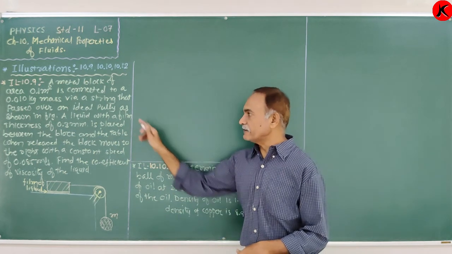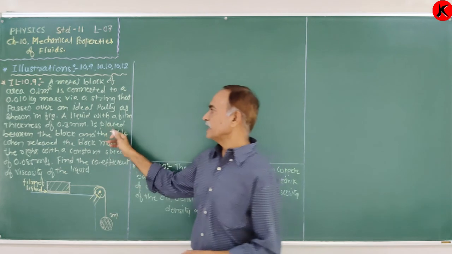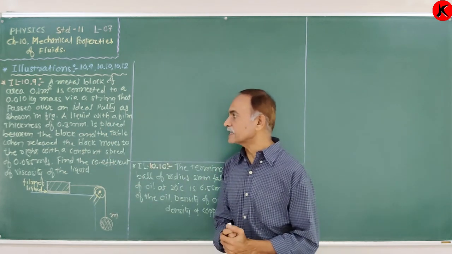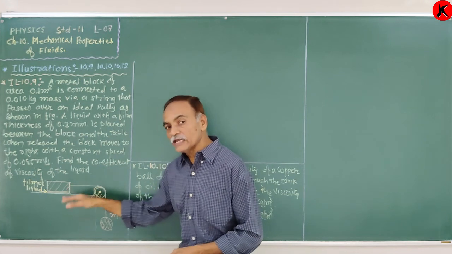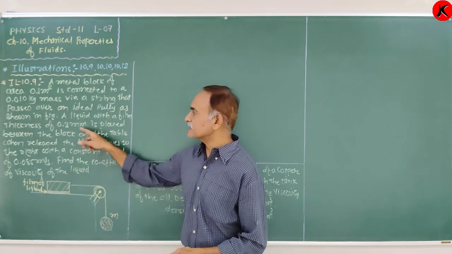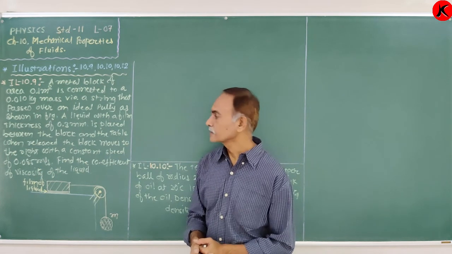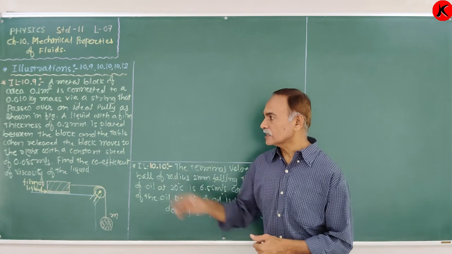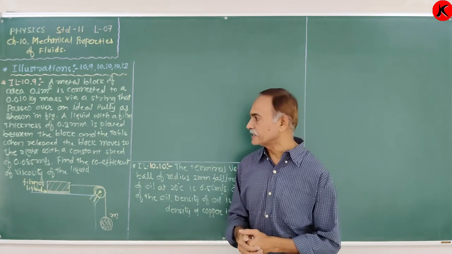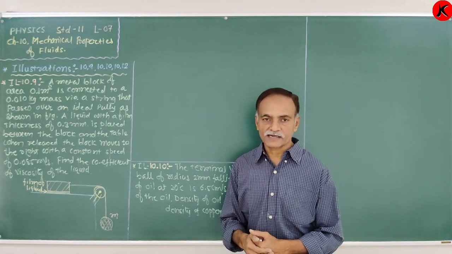A liquid with a film thickness of 0.3 millimeter is placed between the block and the table. Now this block is placed on a liquid. This liquid has a thickness of 0.3 millimeter. The block moves to the right with a constant speed of 0.085 meter per second.